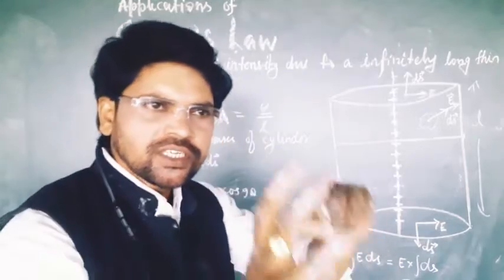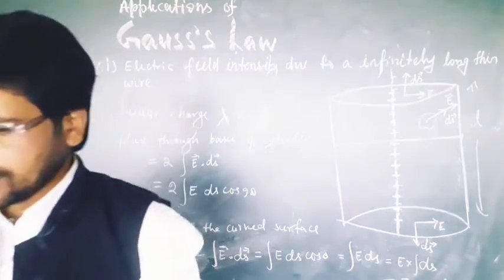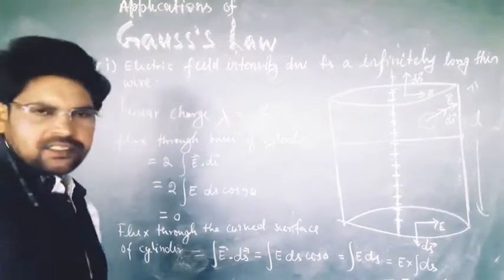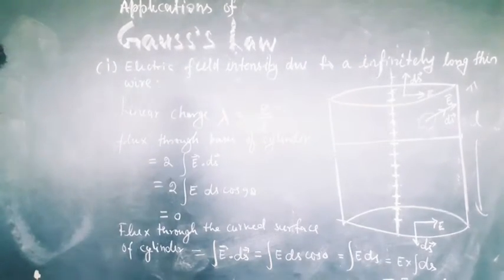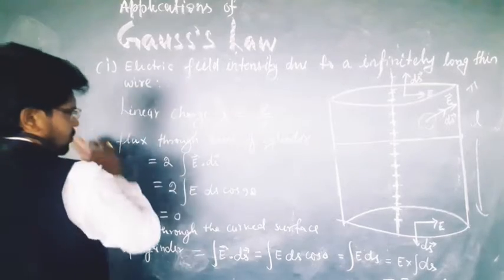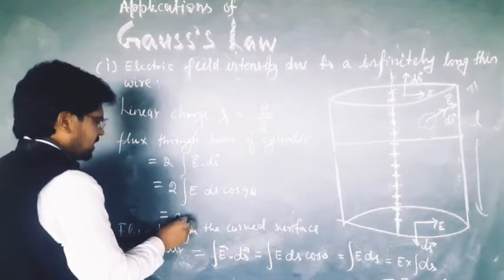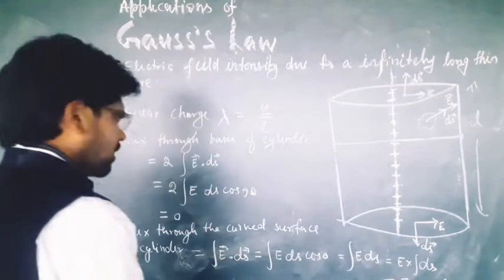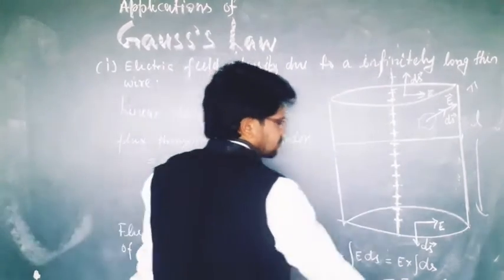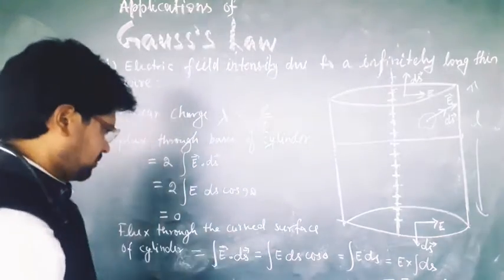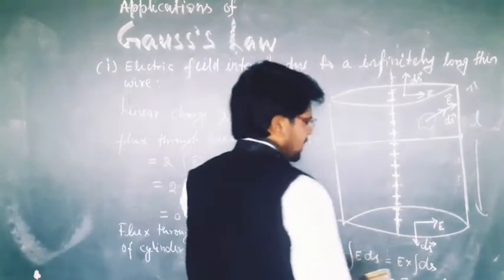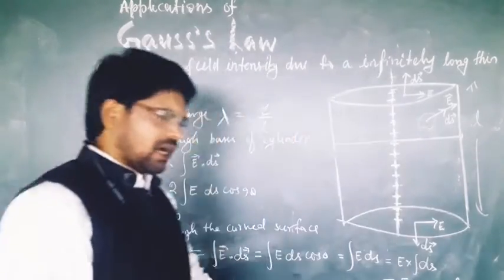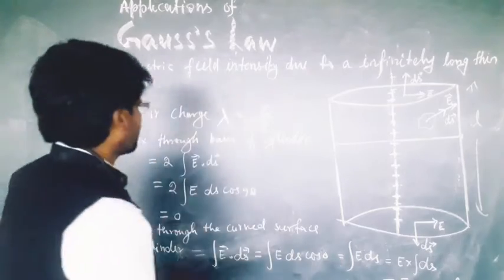So first we have seen that the electric flux through the bases is 0, and the electric flux through the curved surface is E into 2 pi rL.